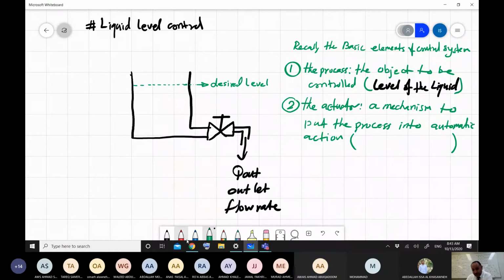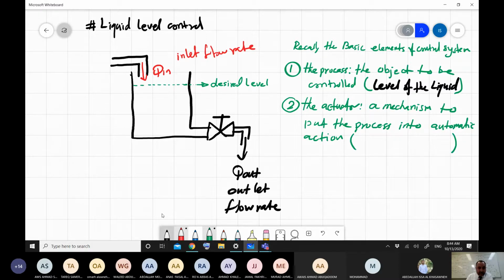So, to make it more interesting, I will introduce a pump. Here I need to control the inlet flow rate into the tank. Let's assume that this one is the Q in, which is the inlet flow rate.